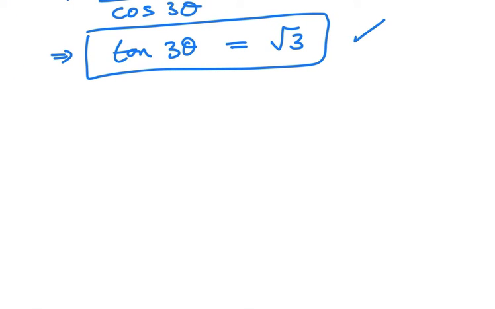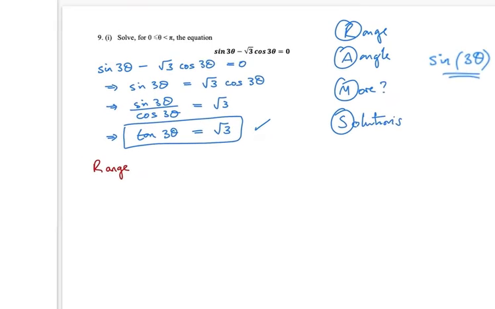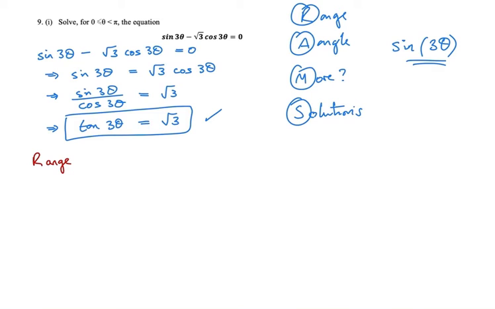So now let's think about how we go about doing this using our RAMS method. Okay, here we go. So R stands for range. We need to start by getting the range exactly correct. So this question has asked us for a range of theta between 0 and pi. Now, pi is a different unit of angle, okay?